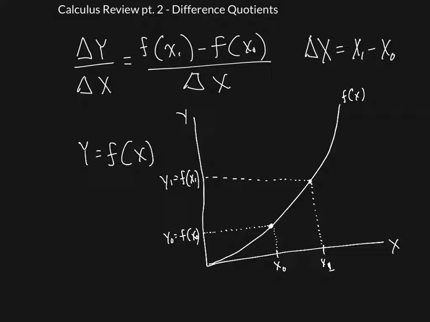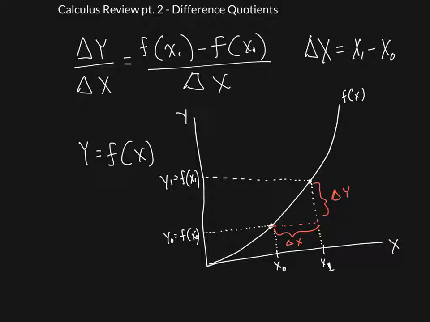So what the difference quotient is giving us is a ratio of the increase in y, this delta y right here, that results from the increase in x, this delta x right here.